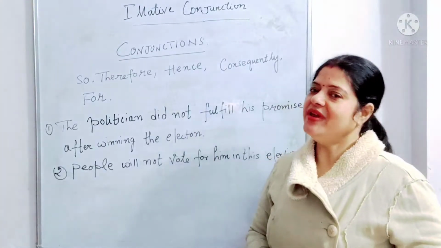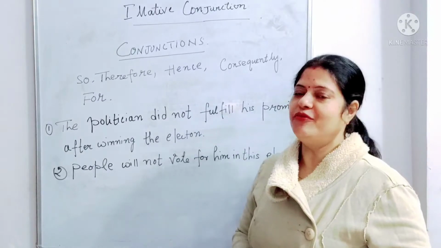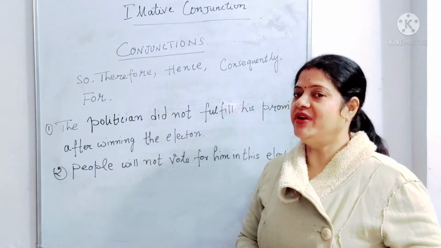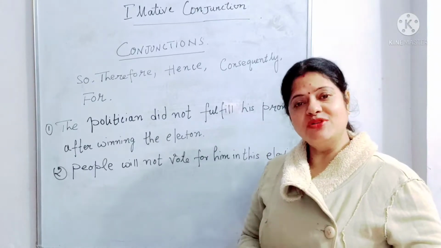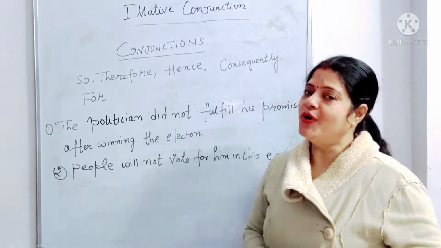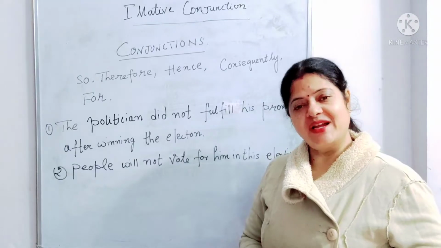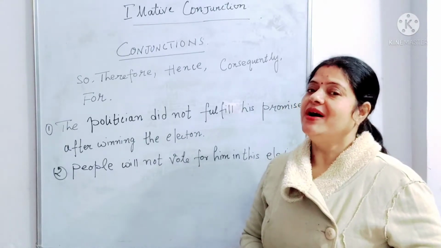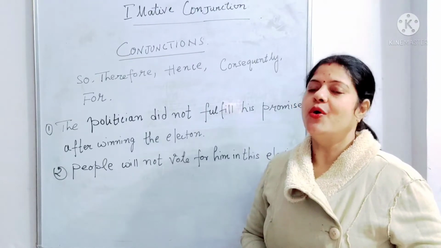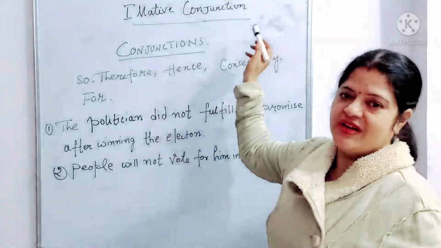So dear friends, we are doing compound sentences and this is going to be my fourth video on compound sentences. I have already uploaded 3 videos on compound sentences where we have discussed how we can add 2 or more than 2 simple sentences to make one compound sentence by using cumulative conjunctions, adversative conjunctions, alternative conjunctions, and this is elective conjunctions.